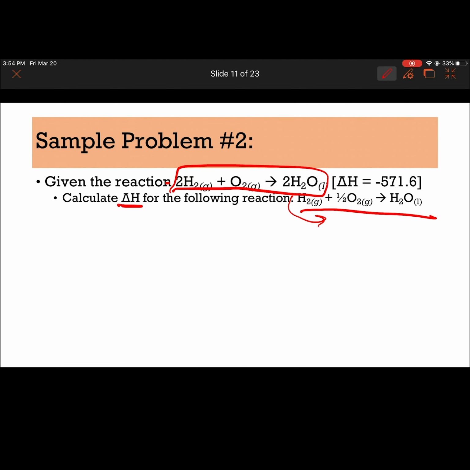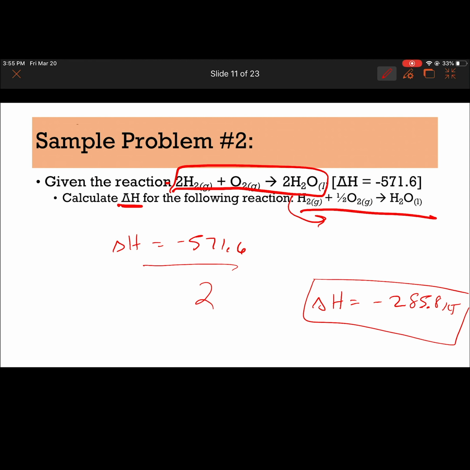So now, if you have delta H as negative 571.6, and it's asking for the delta H for the second reaction, all you have to do is half that delta H value. 571.6 divided by 2 gives you, so your delta H for the new reaction is negative 285.8 kilojoules. Again, we didn't change the order of the reaction, we cut it in half. So if you cut the amount in half, you have to cut the heat in half.